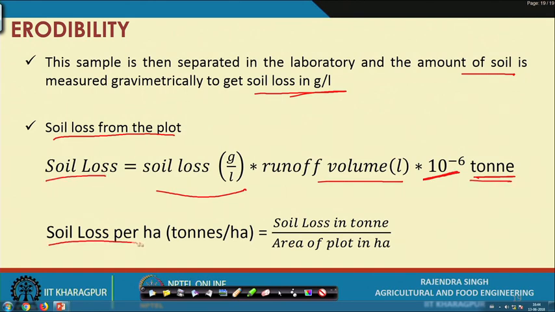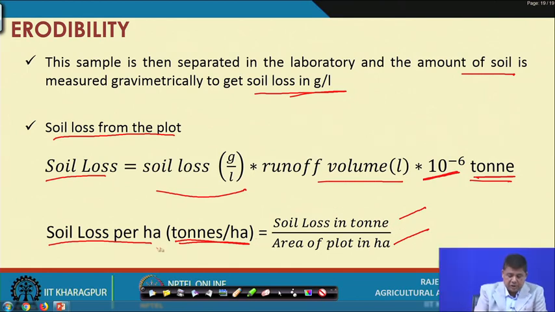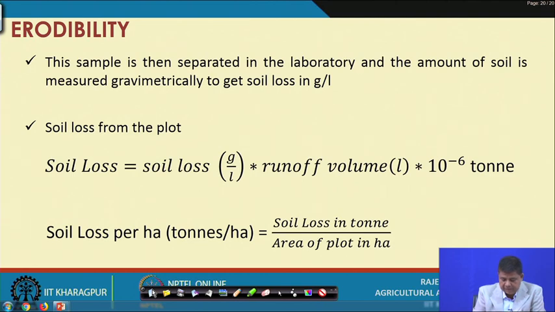Then soil loss per hectare, the usual unit being tons per hectare, is soil loss in tons divided by the area of the plot in hectares from where the sample has come. That is how erodibility can be found out experimentally. Basically, this is experimental determination using the runoff plots.